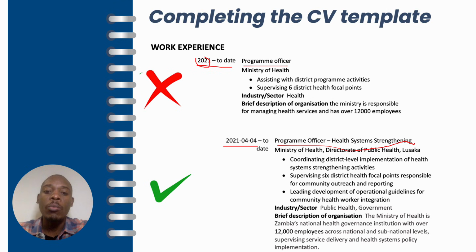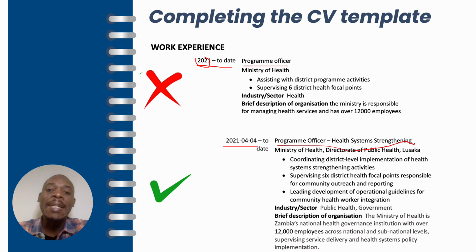So in this case, it will be Program Officer, Health System Strengthening. And then you provide the institution. In this case, it's not just to provide as Ministry of Health. Here, the person is providing it clearly as Ministry of Health, Director of Public Health, and this is based in Lusaka.